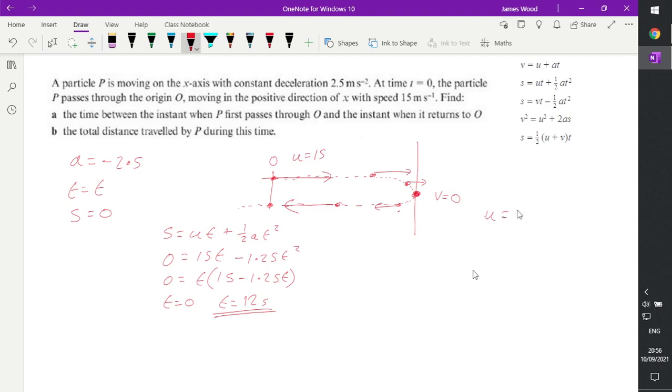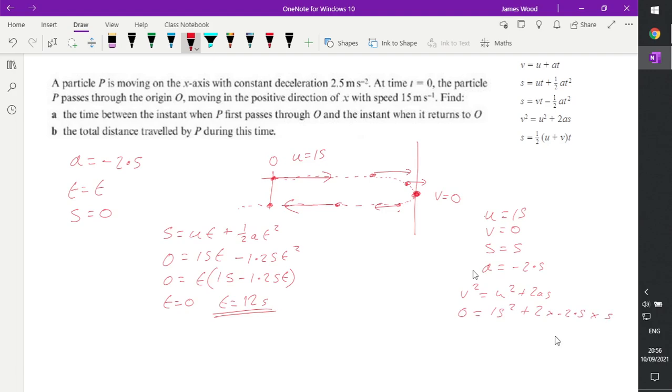So we know that u is 15, v is 0. We want to find out how far away that point is, so I'm going to say that s is s, and we know that a is minus 2.5. So I can use v squared equals u squared plus 2as. So that means 0 is 15 squared plus 2 times minus 2.5 times s.